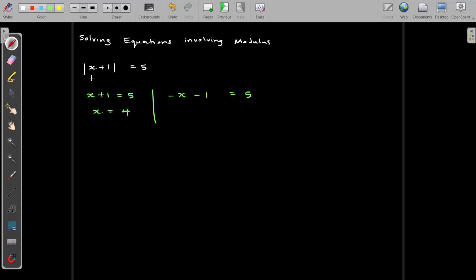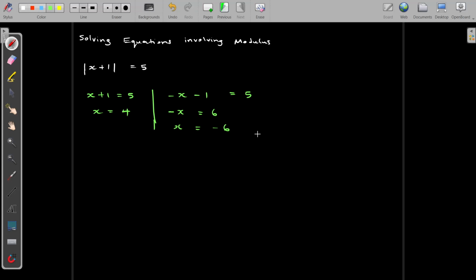So what happened is that we took the negatives of both of these in the bracket or in the modulus sign. So negative x minus 1 is equal to 5. So negative x is equal to 6. x is equal to negative 6. So that's one way we could look at this.